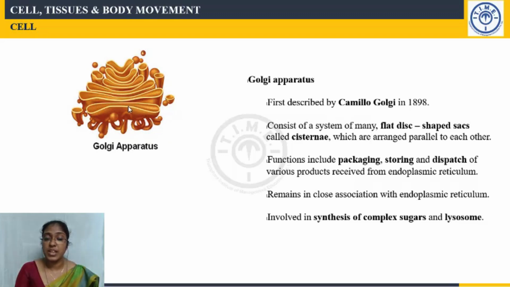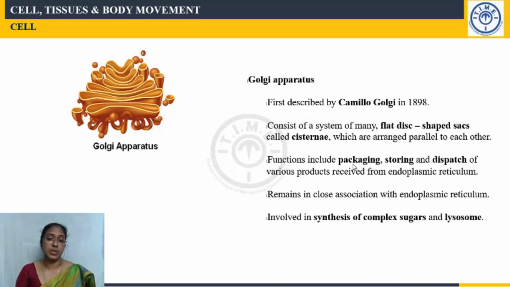The proteins which are synthesized in the ribosomes attached to the rough endoplasmic reticulum, and whatever substances are produced inside the endoplasmic reticulum or inside the nucleus, are packaged, stored and dispatched. These products are received from the endoplasmic reticulum.